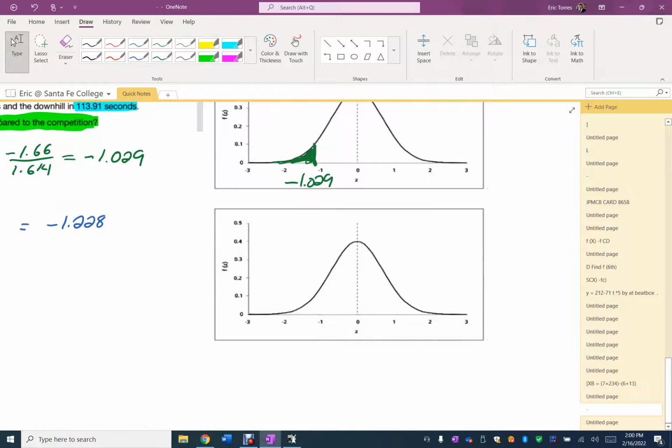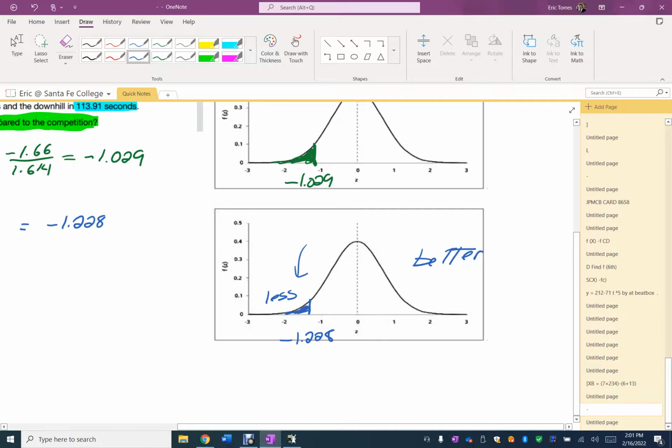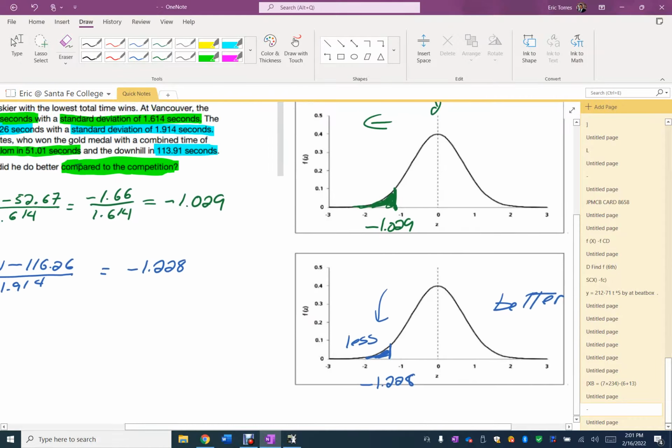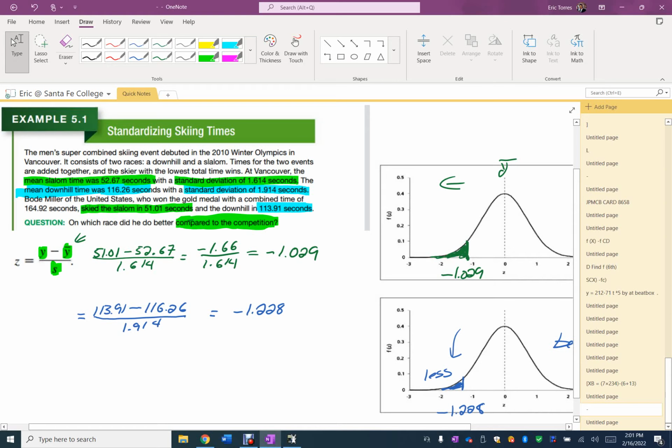And on the other race, however, his score is negative 1.228, which puts it over here. And the further you go over here, the fewer people beat you. So he did much better over here because there's a smaller group or area under that distribution that would have been faster than him. And that's how we come up with that calculation.